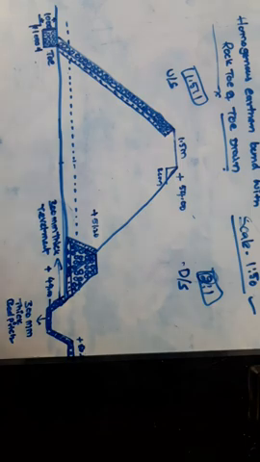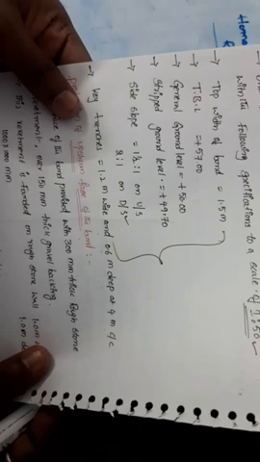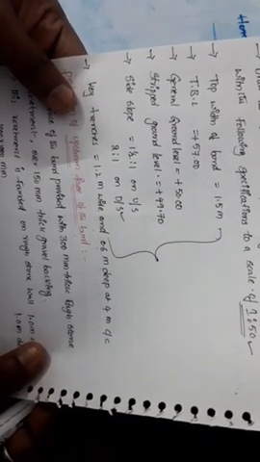After completion of these two structures, we have to draw the key trenches. See here, key trenches 1.2 meter wide and 0.6 meter deep at 4 meter center to center.